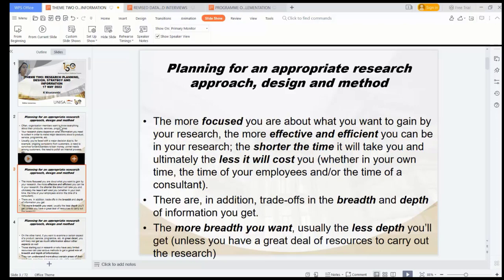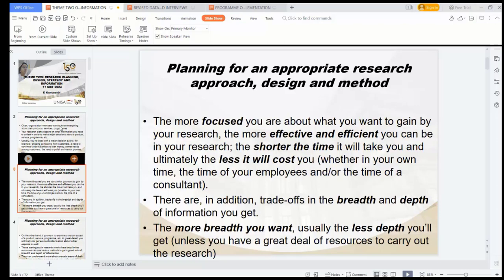There are in addition trade-offs in breadth and depth of information you get. For example, if you want to go very deep in examining a specific aspect, the understanding is you won't have the necessary capacity to go very deep in every aspect that you are investigating.